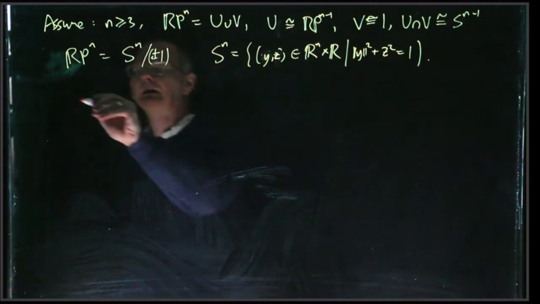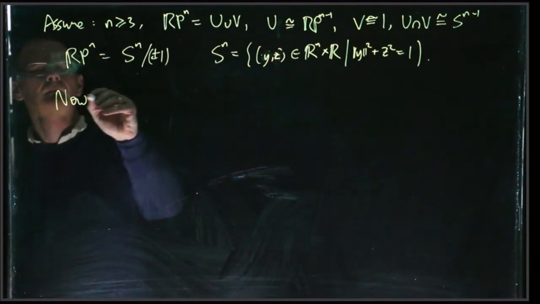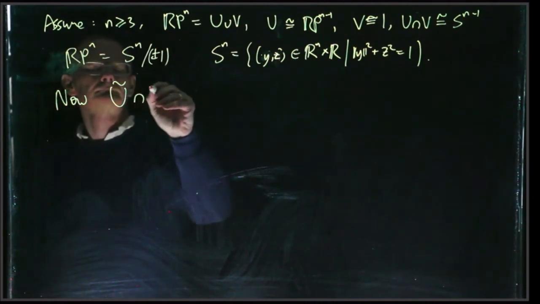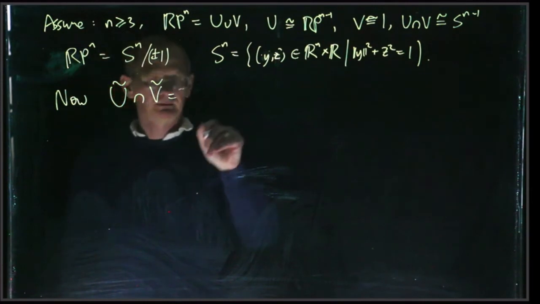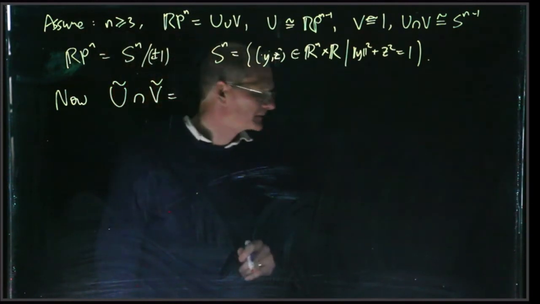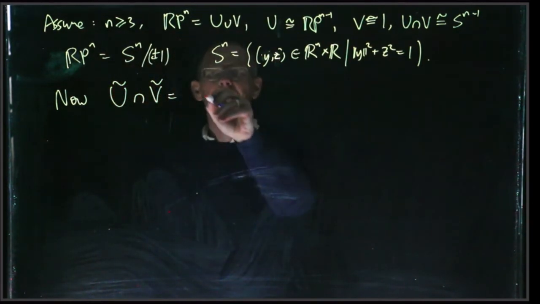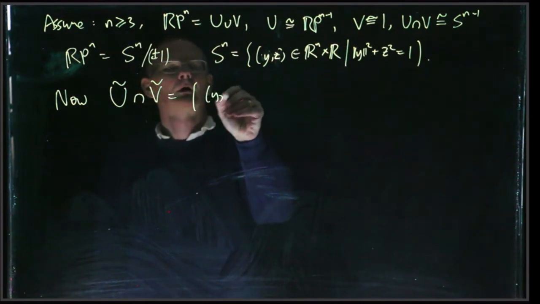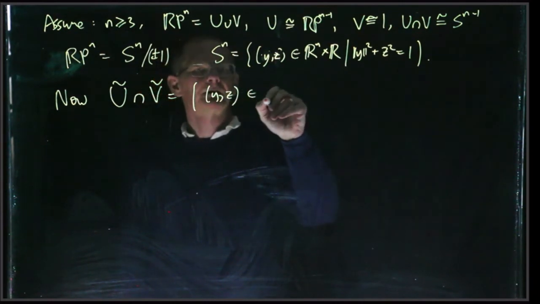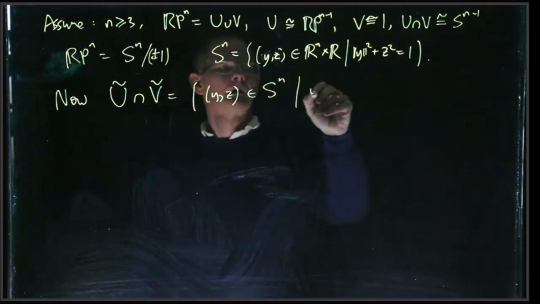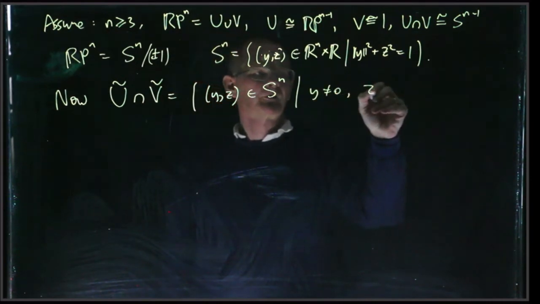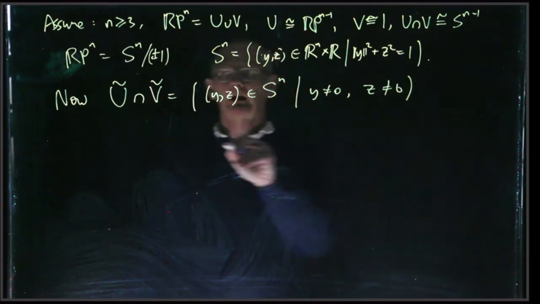Okay, so we look at the intersection U tilde intersect V tilde. Remember, that's the set of those (y, z) in S^n where y is non-zero and z is also not zero.